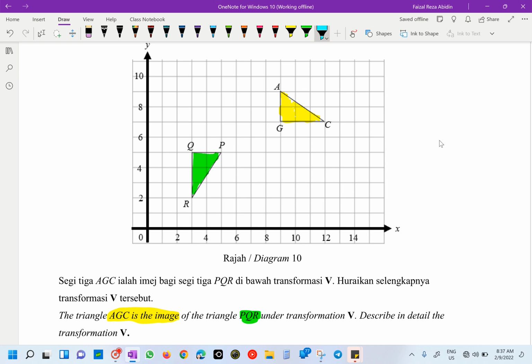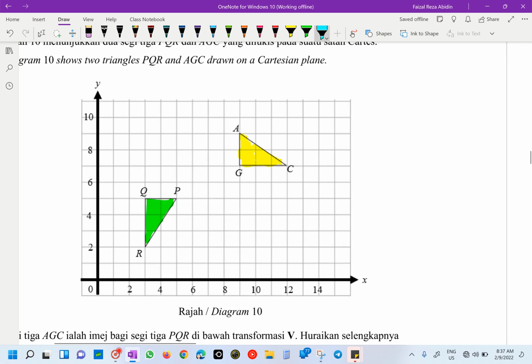Okay, under transformation V, we didn't know what transformation it is going to be, so we are going to describe it in detail. First things first, you have to remember we have 4 types of transformation. First one, translation.